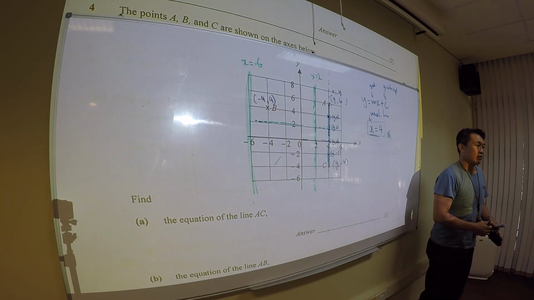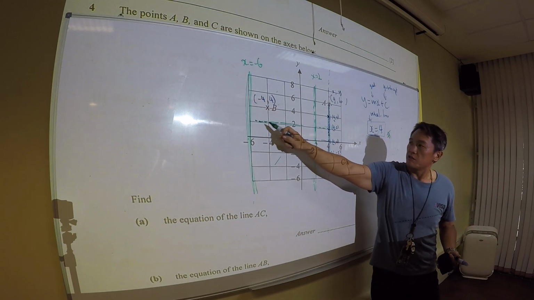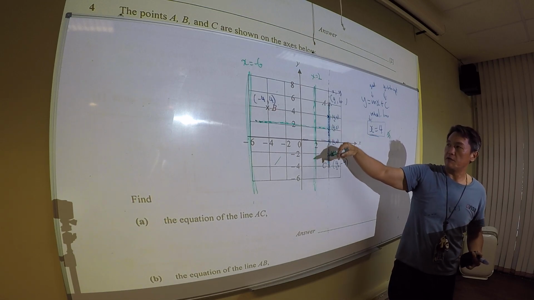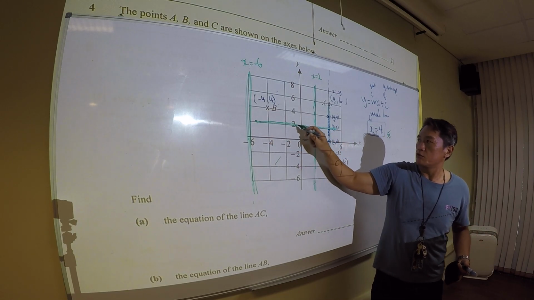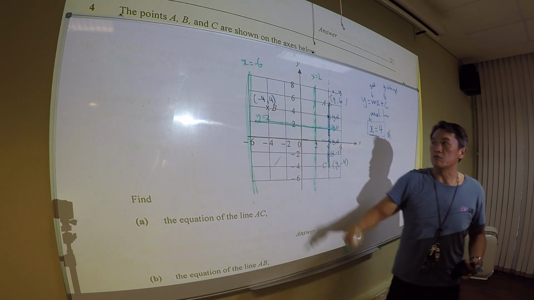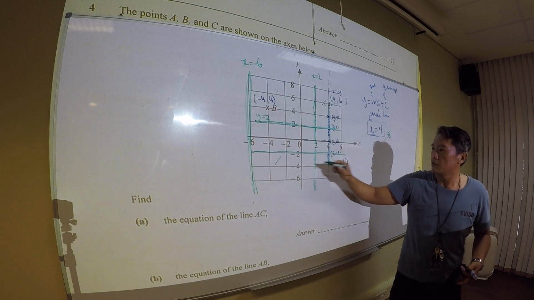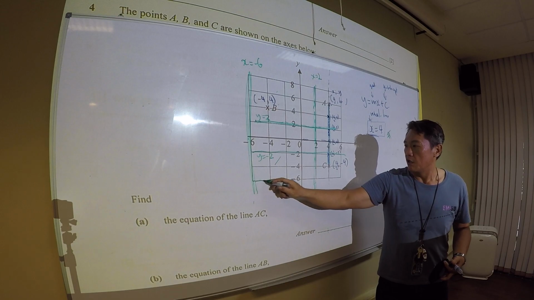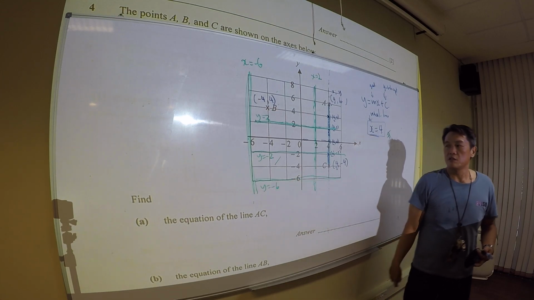Okay? Then the other special case is the horizontal line. For a horizontal line, the left and right keep changing, but how high it is always stays the same. So if I have a horizontal line here that passes through y is 2, this line will be y equals 2. If I have a horizontal line that passes through here, the equation will be y equals negative 2. Horizontal here, y equals minus 6.